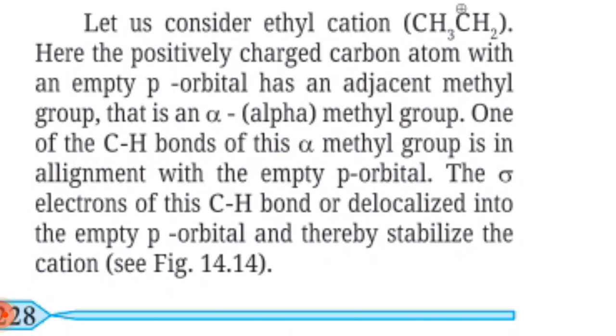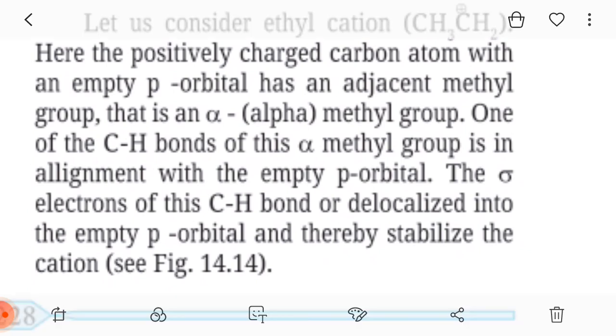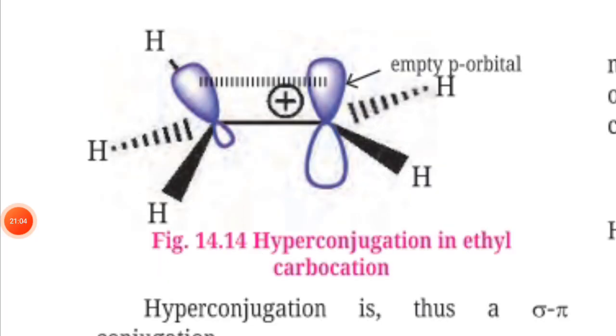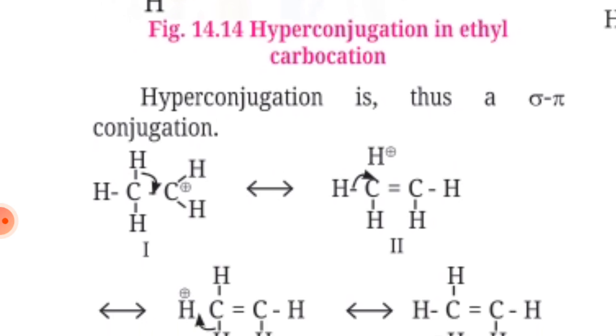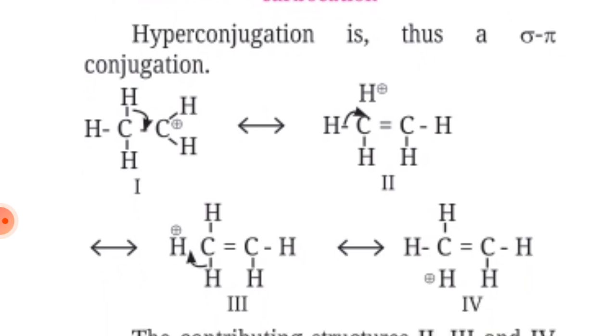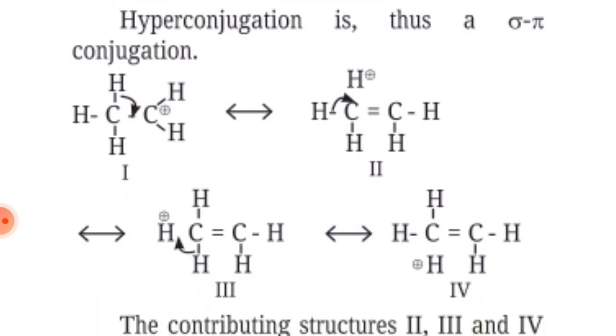The sigma electrons of this C-H bond are delocalized into the empty p orbital and thereby stabilize the cation. Hyperconjugation in ethyl carbocation, empty p orbital. Hyperconjugation is thus a sigma-pi conjugation.